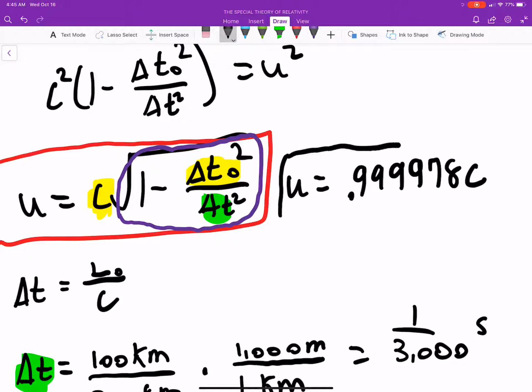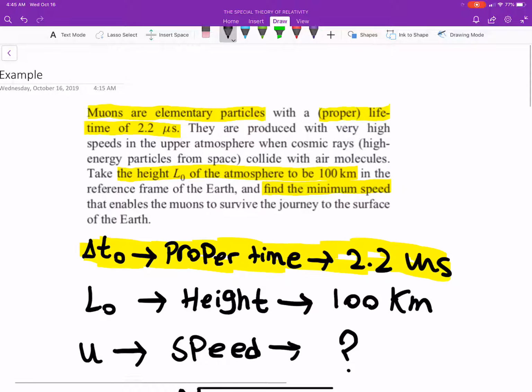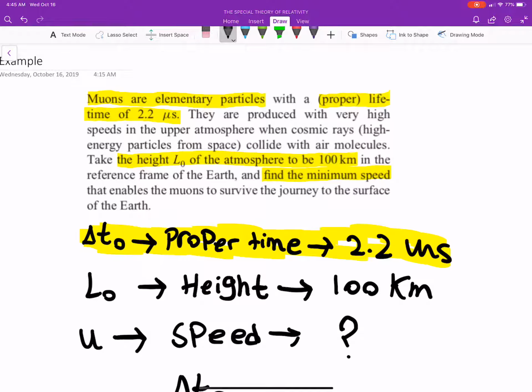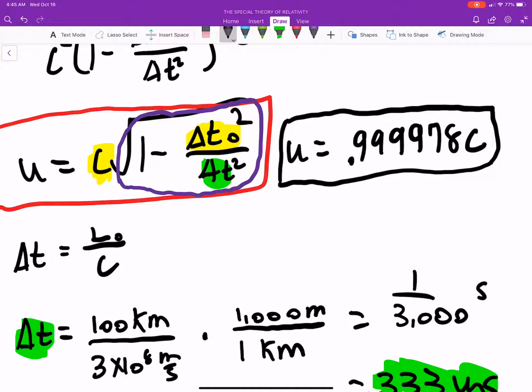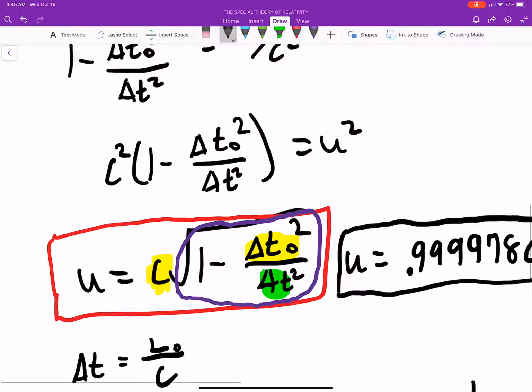So the speed that's necessary is it has to go 99% the speed of light. So that's pretty quick. So yeah, the minimum speed that enables the muons to survive, that's this, 99% the speed of light.